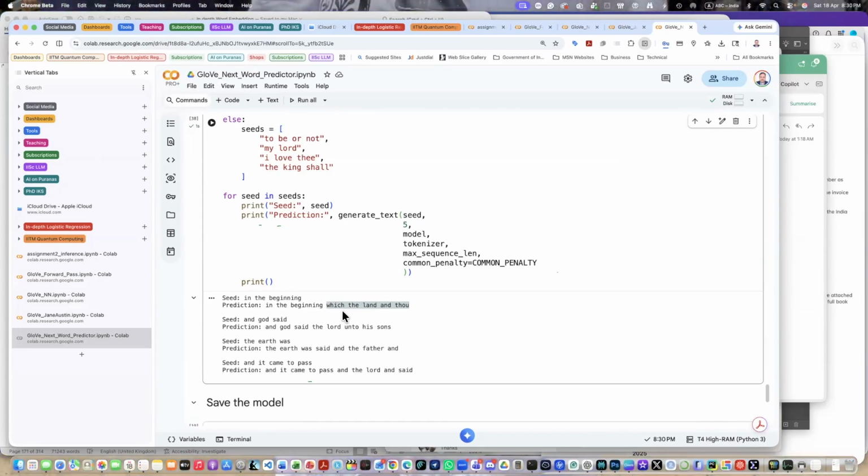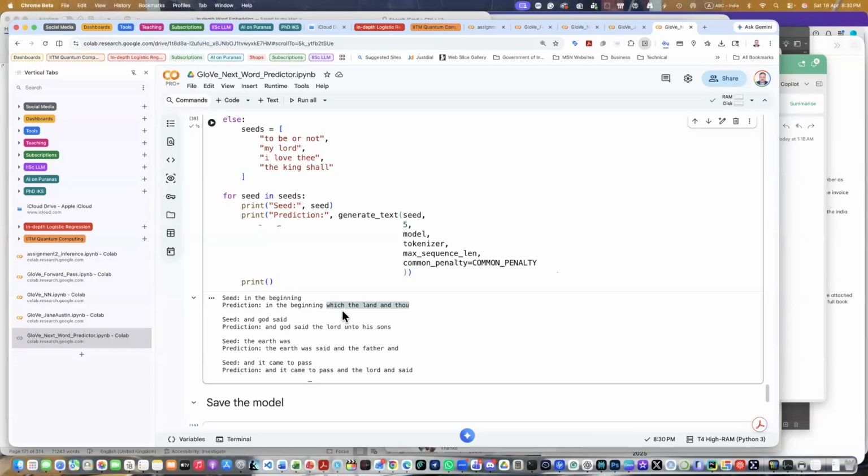It is applying some logic, and it is able to predict and make sentences. At least you're impressed with that? Yes. You can try. Do you want to try?